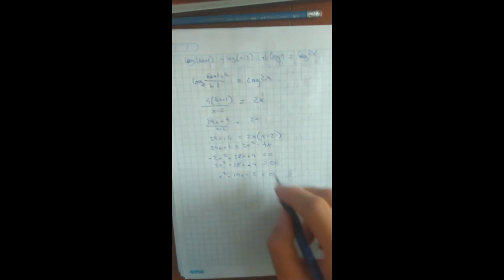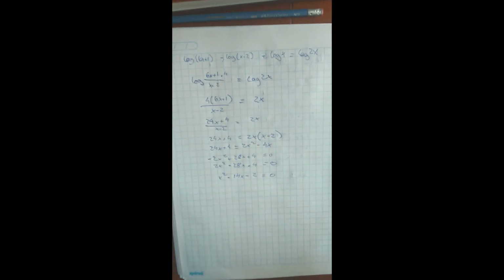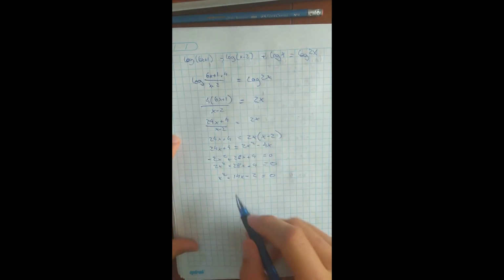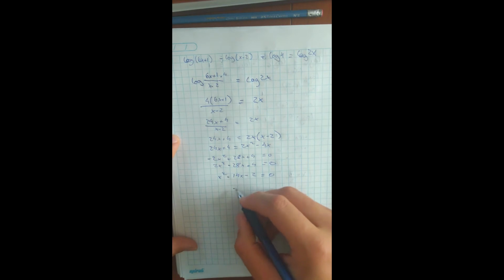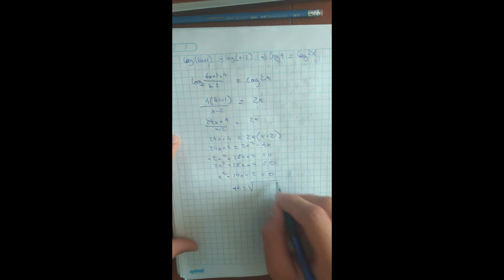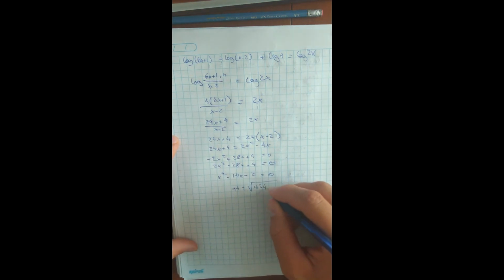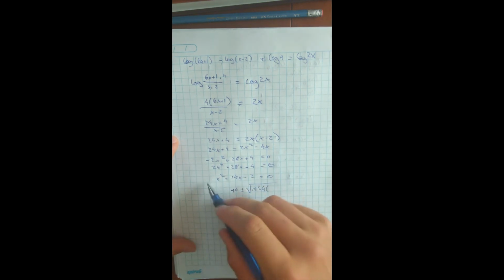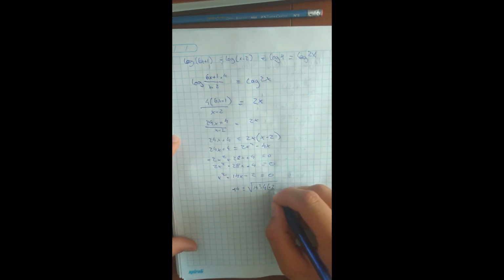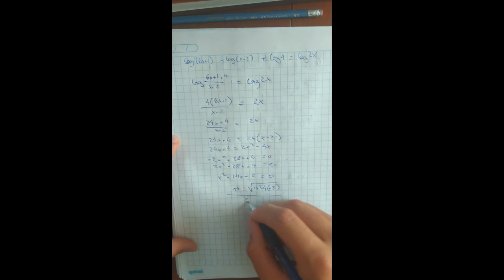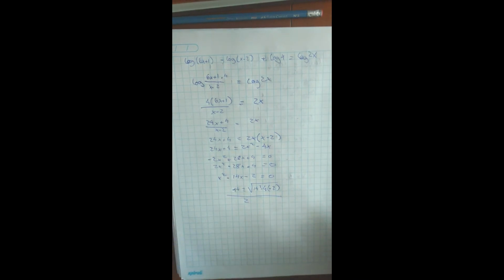Now we can use the quadratic formula here to solve this equation. So negative b, so that will be 14, 14 plus minus square root of 14 squared minus 4, a is 1 and c is negative 2, over 2a, a is 1, so just over 2.